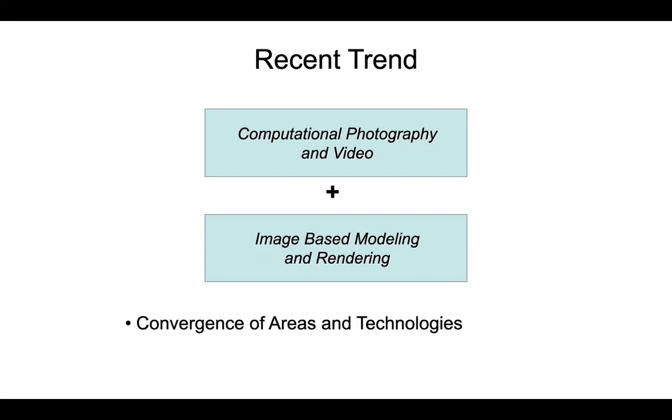And then it also combines the convergence of areas called image-based modeling and rendering, because it's taking advantage of analysis and synthesis of images in the context of AI and graphics, right?